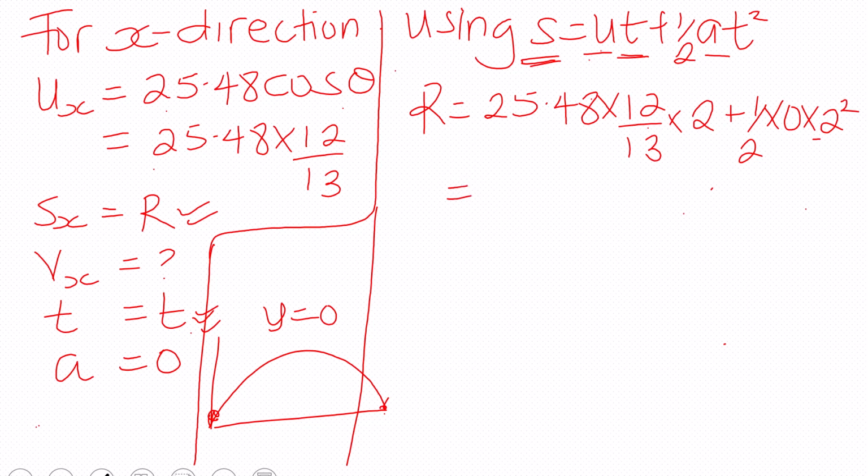So this gives us 47.04 meters as our range, the distance from the point of projection to the point when the particle lands. Let me hope this is clear to everyone. Let's go to our next question.